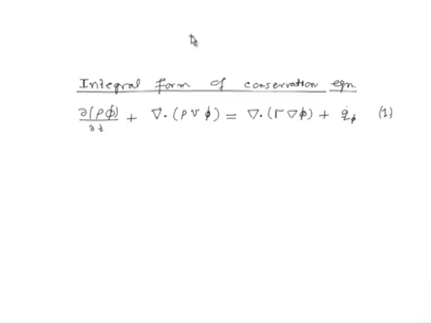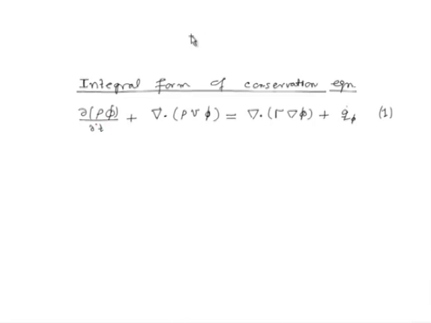Now, if you want to obtain an integral form, we can do the reverse process of what we followed in the derivation of the differential form of governing equations starting from the integral form. So, let us integrate this equation over an arbitrary control volume.